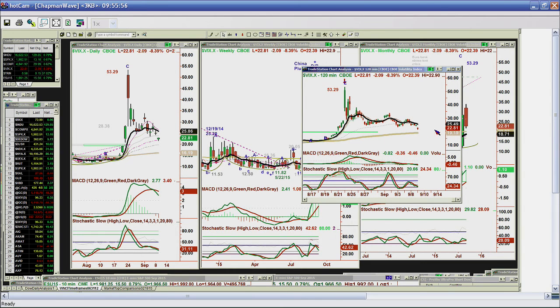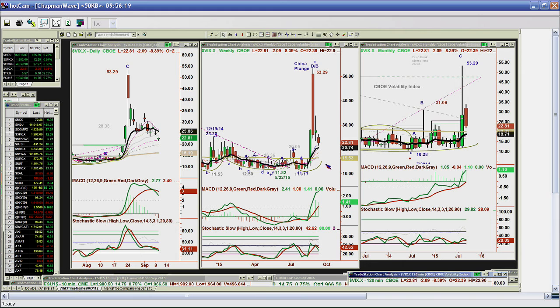So this sideways consolidation after a spectacular move to 53.29 in the 120-minute chart is using up time now after a very sharp 50% pullback. And now it's saying, hey, I'm using time, but I'm using a high-level consolidation technique, and that is really pertinent to what I'll be talking about tomorrow night in my webinar.